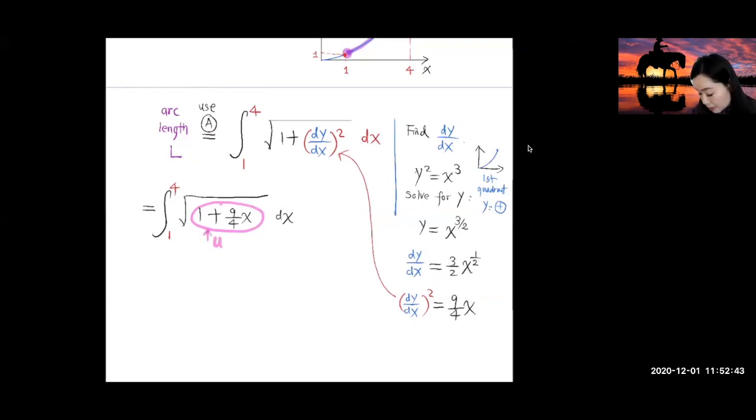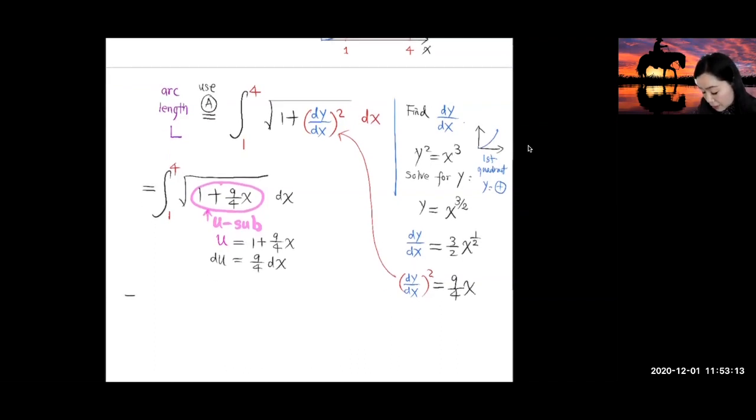Let u be equal to 1 plus 9 over 4 x. So du will be equal to 9 over 4 dx.